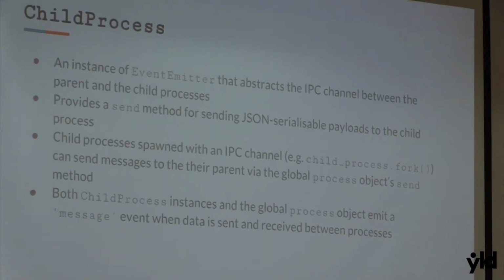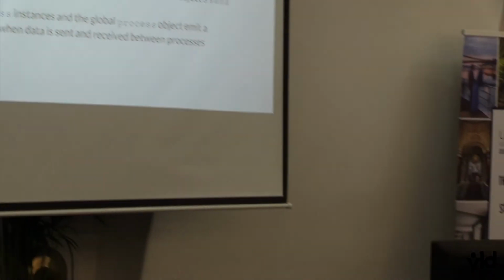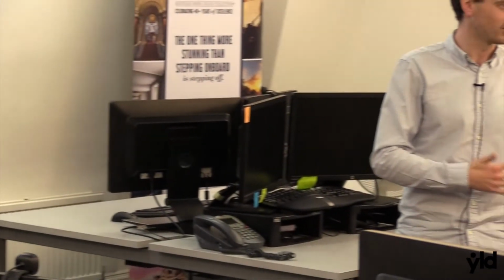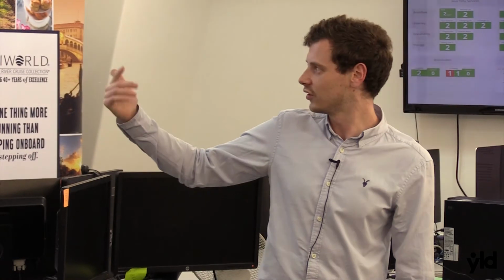And the child process itself provides a send method for sending JSON serializable payloads to the child process from the parent. And a child process spawned with an IPC channel, for example through fork, our main focus for today, can send messages to the parent process using the global process object's send method, which is analogous to the one on the child process prototype, and that has the same constraints.